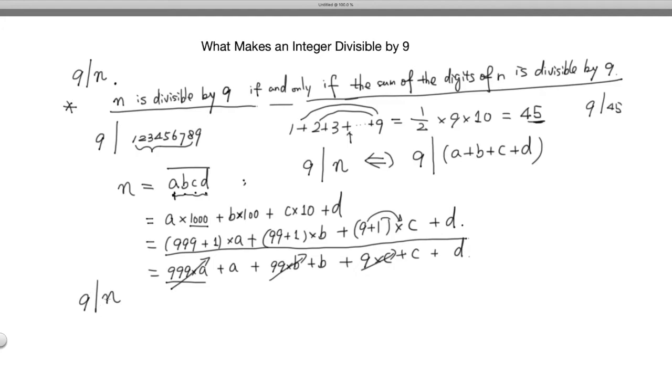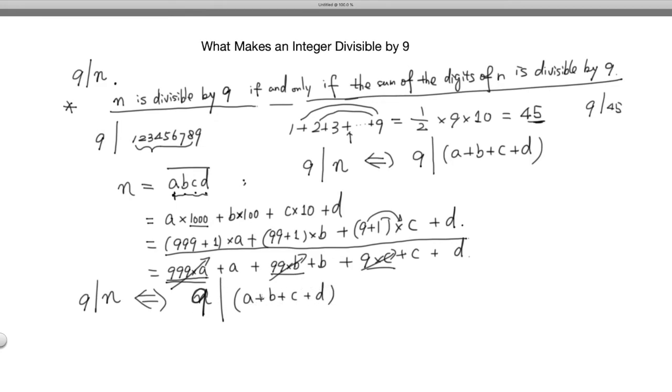So 9 is a divisor of n is equivalent to 9 being a divisor of A plus B plus C plus D, because 999 times A, 99 times B, and 9 times C are multiples of 9 already, so we can throw them away. We are left with: 9 is a divisor of n if and only if 9 is a divisor of A plus B plus C plus D.